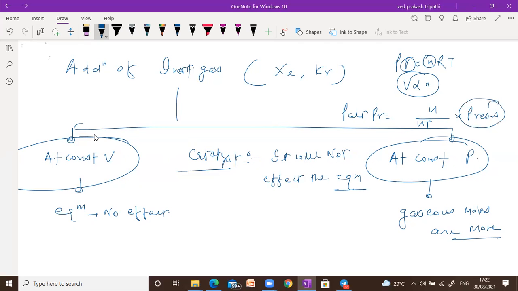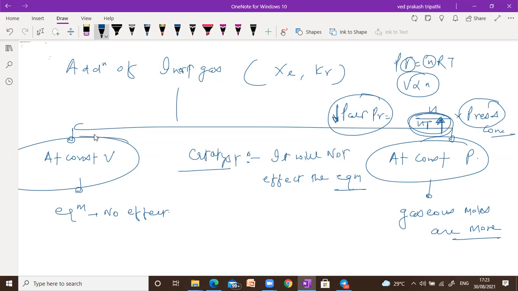If you keep pressure constant, partial pressure is inversely proportional to total moles. If total moles increase, partial pressure will decrease, so equilibrium will shift in the direction where the number of moles is higher.